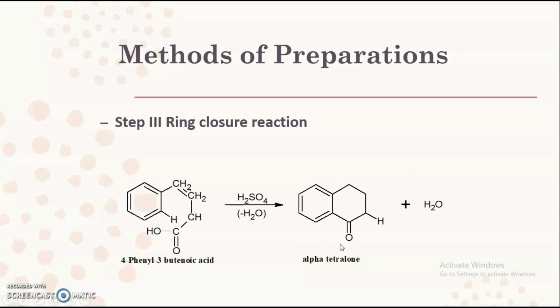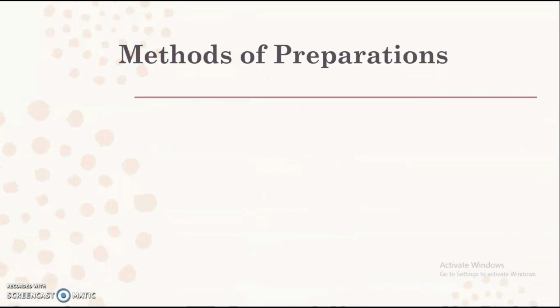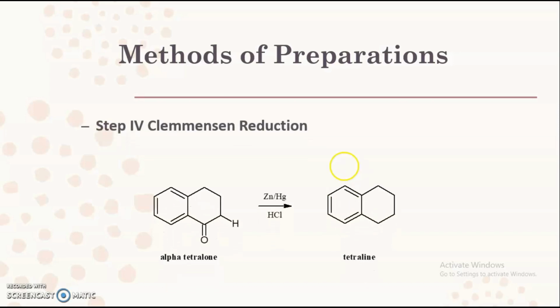Now in the fourth step, this alpha tetralone again undergoes Clemmensen reduction. If you remember, in the second step also we performed a Clemmensen reduction, where the carbonyl functional group was reduced to an alkyl functional group. So here also you can see that there is a carbonyl functional group present, and as we don't want this carbonyl group, we have to remove it.